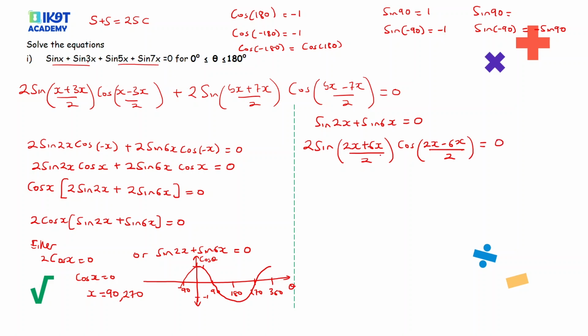So this is 2 sine, and 2 plus 6 is 8, divided by 2 is 4, so 4x. Then cos, 2 minus 6 is negative 4, divided by 2 is negative 2, so negative 2x. But since it's a negative, this is 2 sine 4x cos 2x equals 0.